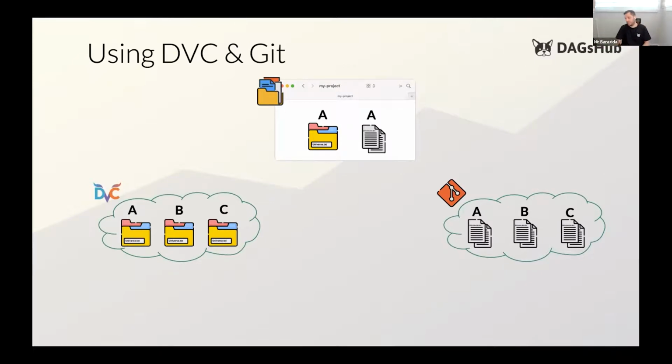DVC uses hashing to hash all the files. So let's say you have 1,000 images in a directory and you version it with DVC, and now you only change one image in that directory, okay? DVC won't create a replica for all the 1,000 images in the directory. It's gonna create a replica for only the specific file that was modified.